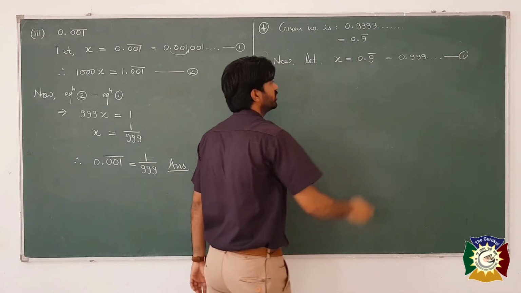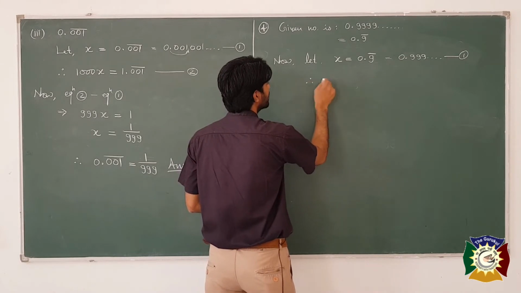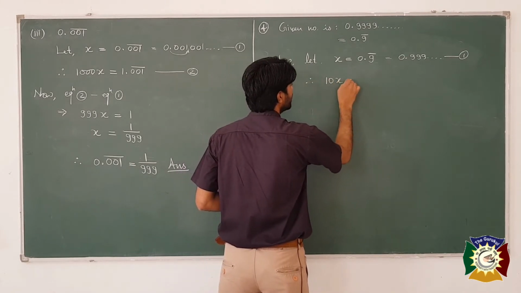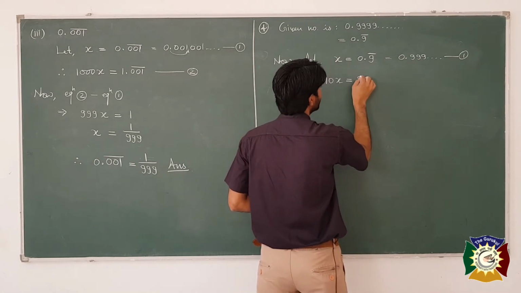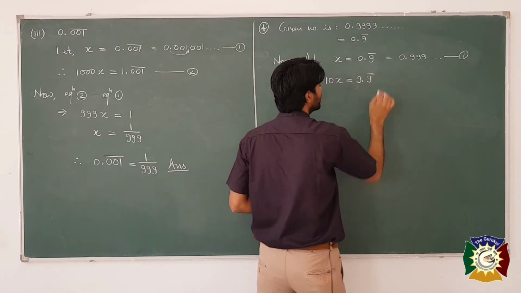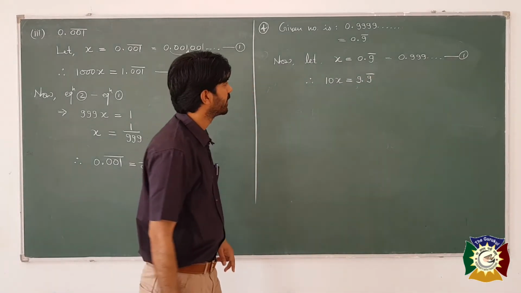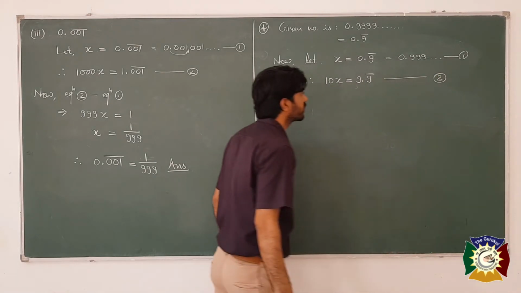We will multiply by 10 to both the sides. Therefore 10x will be, the decimal will come here, so it will become 9.9999, it means 9 point 9 bar. So this is equation number 2.